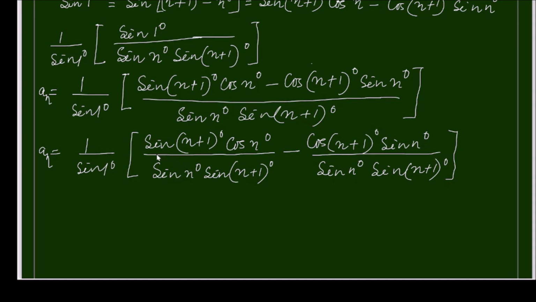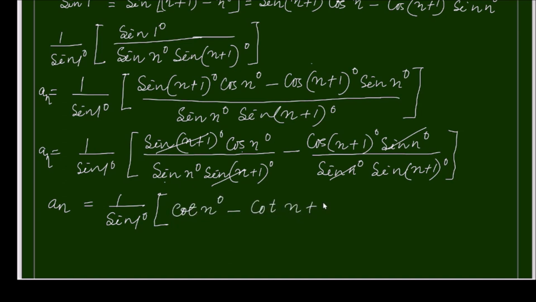In the first term, we'll get these two terms cancelled, and here the other two are cancelled. So I'm getting the nth term is equal to 1 over sine 1 degree. Here will be cos n over sine n. I'll get cot n degree minus cot n plus 1 degree.